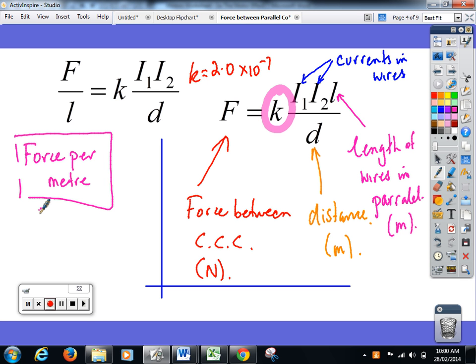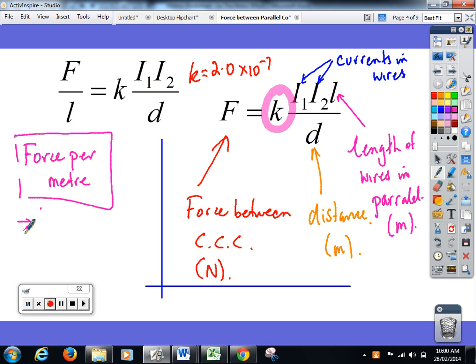So if you are asked to find the force per metre, it just means that we're talking about using kilometres of wire, and we don't want to work out that there's a billion newtons between these two wires. That's just because they're very long. So we want to know that for every metre there is 5 newtons, so it's 5 newtons per metre. Okay. So we use this one over here when we want to work out the force per metre.